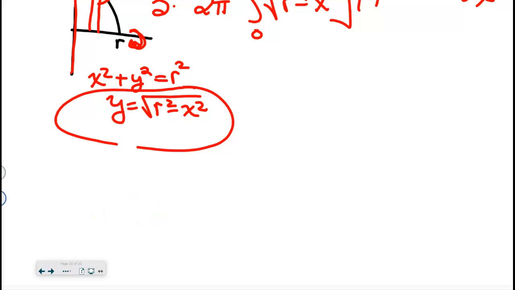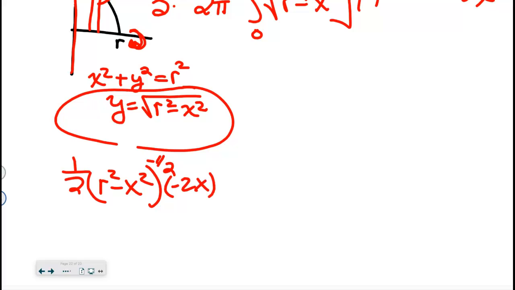No. It'd be 1/2 r squared minus x squared to the negative 1/2 times what? Negative 2x. X is the variable, not r. What does r stand for in this problem? The radius of any circle, which when we plug it in will be a number. Right? So negative x is correct, because the 2's cancel. I was right.